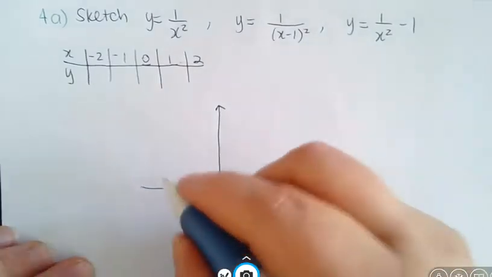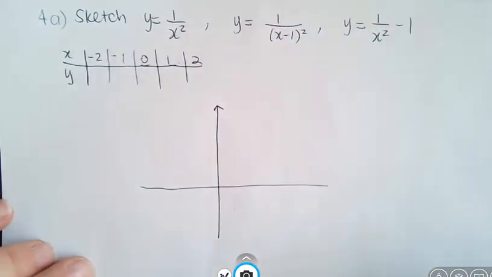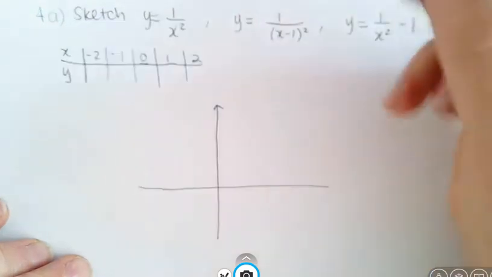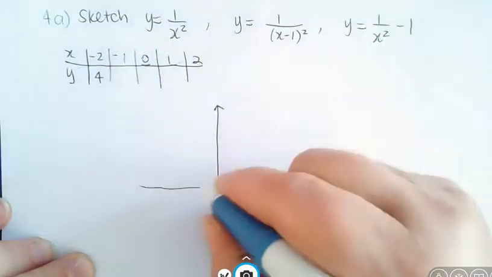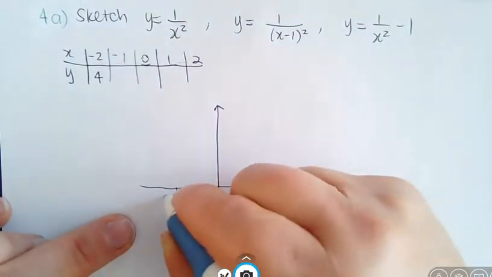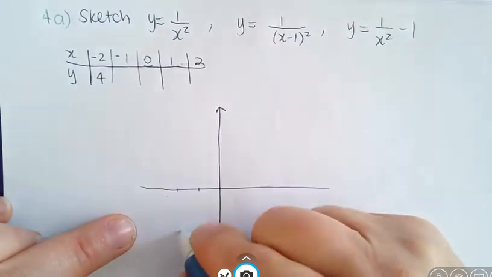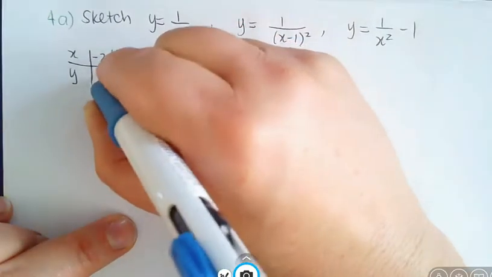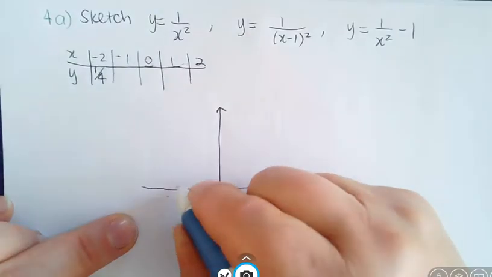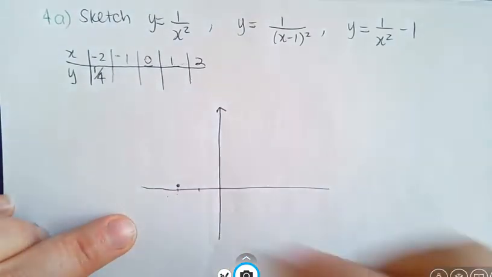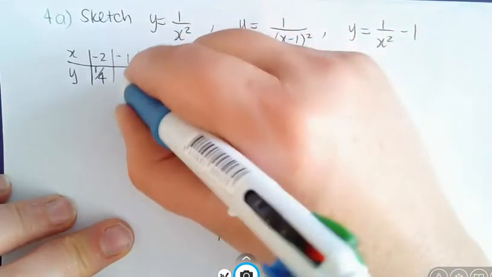I think I'll have to do a few more values. When x is negative 2, what do you get? Negative 2 squared is 4, so it is 1 on 4. Very good. Negative 2 gives positive 1/4. Negative 1 gives 1. Very good.